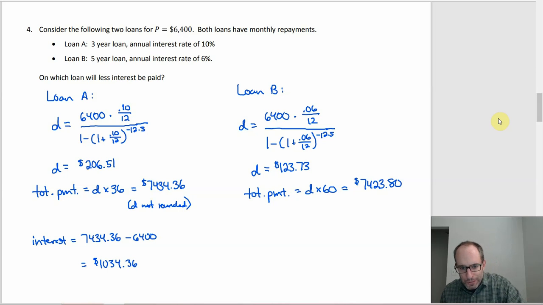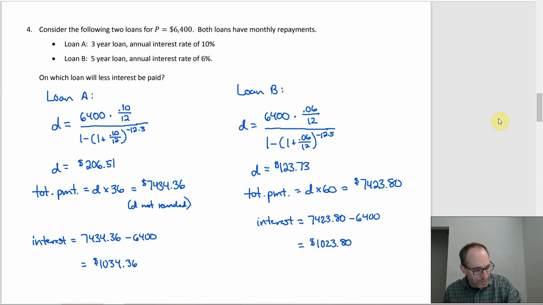And then over here, the interest is going to be 7423.80 minus 6,400. So that's going to be $1,023.80. Right? So certainly that one right there is the one where there's less interest.